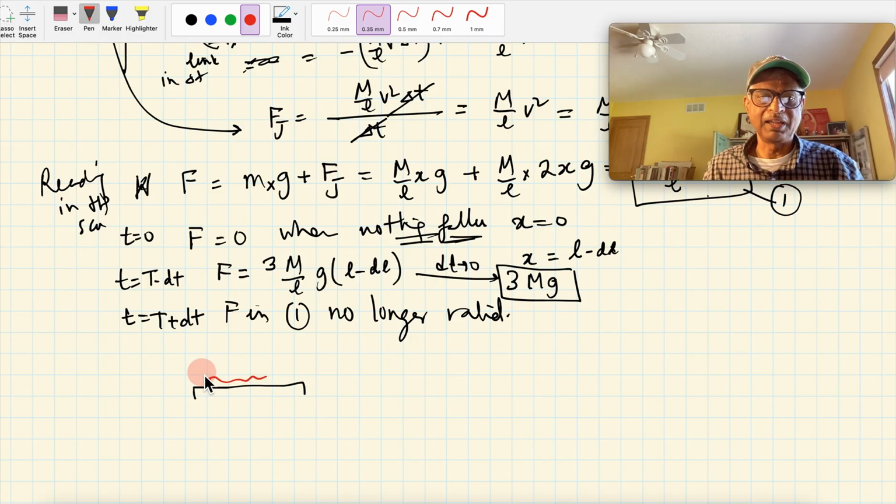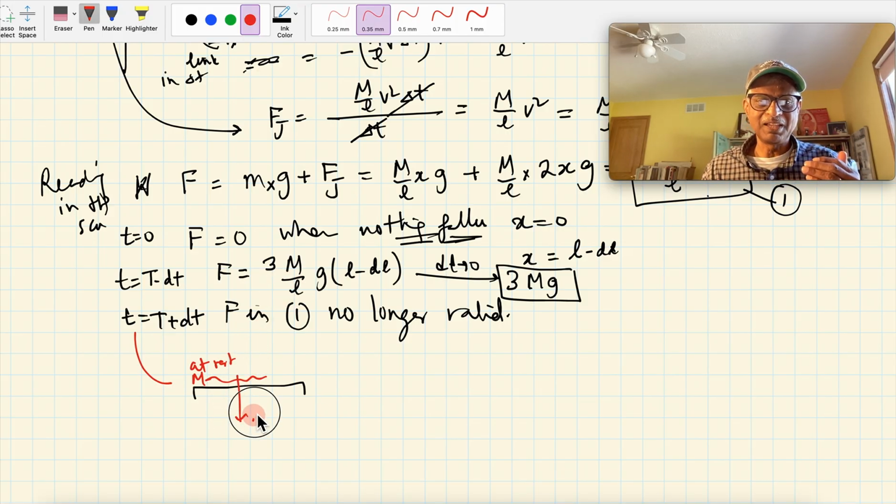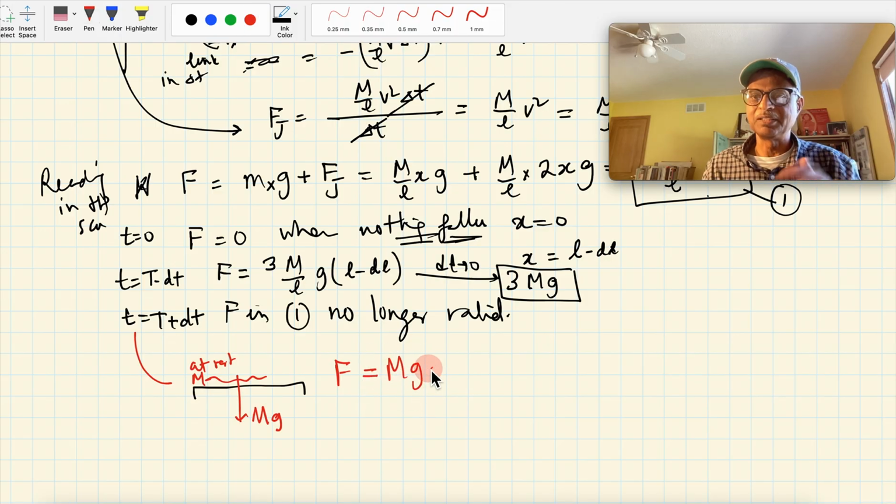Everything has fallen, everything is at rest, and this entire mass is there. That's the situation now. Because this is a new situation, you have a new force diagram. Now, the new force diagram is just mg. That just makes it so F is just going to require mg.